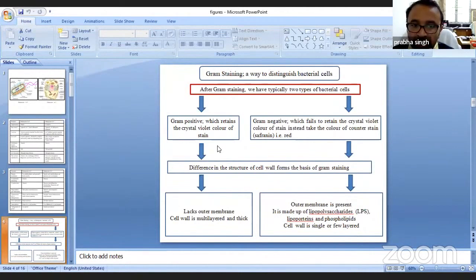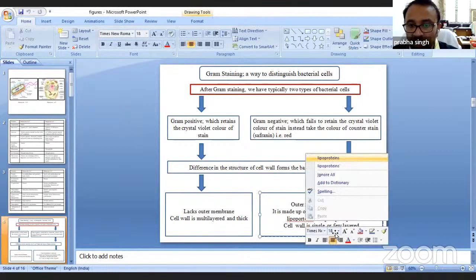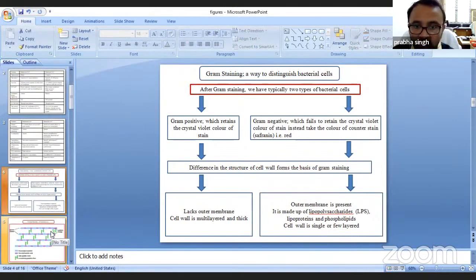In Gram negative bacteria, the outer membrane is present and it is made up of lipopolysaccharide, lipoprotein and phospholipids. And here the cell wall is single or few layered.